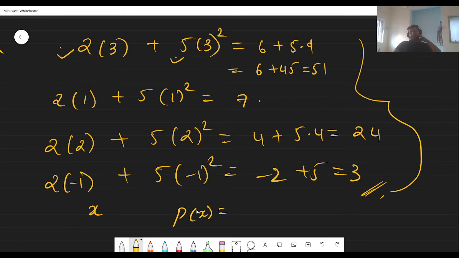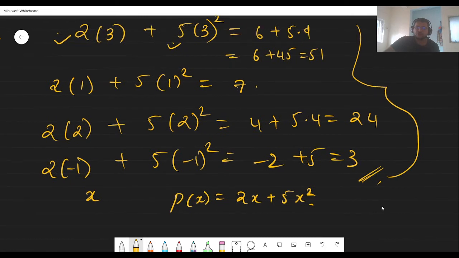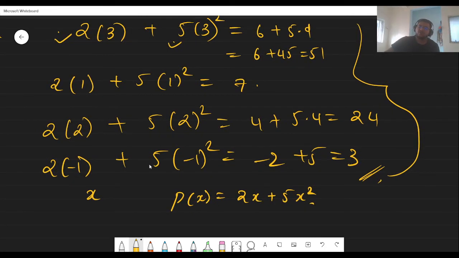I will explain what polynomial means, but first let's see that p of x equals 2x plus 5x square. Are you getting my point? So here we have converted this into a general algebraic expression.